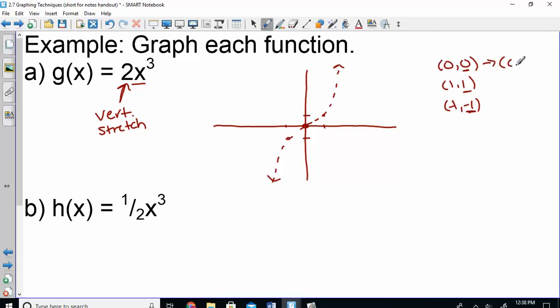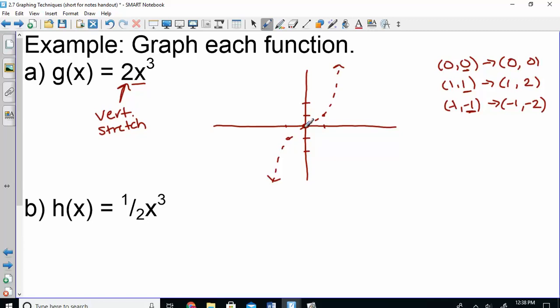So the points, when you think about them, the x doesn't change, but the y gets multiplied by 2. So this is still 0, 0, but it's 1, 2. Negative 1, negative 2. Okay, you don't necessarily have to write that down. You can just go to your graph and think about it.